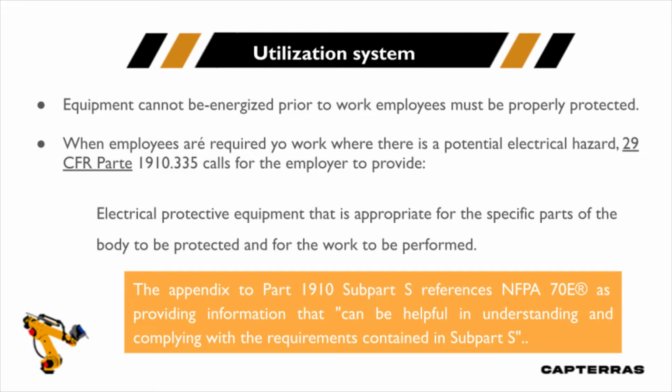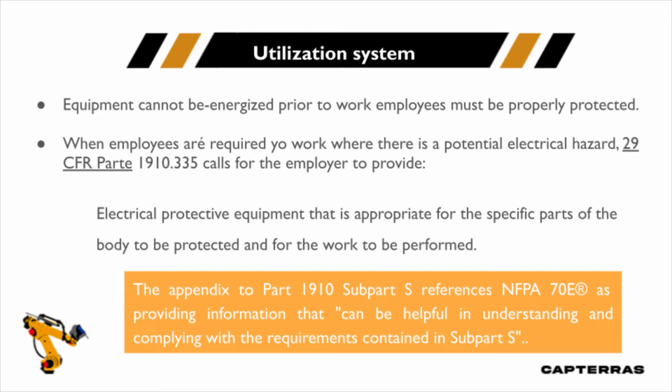In other words, they're telling you it's up to you as an organization, it's up to you as an employer, to assess the hazards, assess the risk of injury, and make determinations on what level of PPE is required. Now, the appendix in 1910 does reference 70E as providing information that could be helpful in understanding and complying with the requirements contained in subpart S. But it doesn't guarantee you that folks won't get hurt if you're following the requirements in 70E.